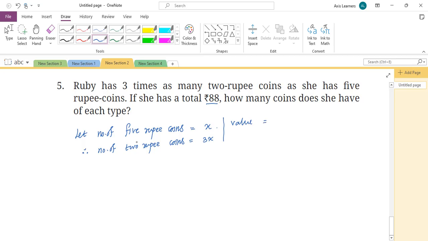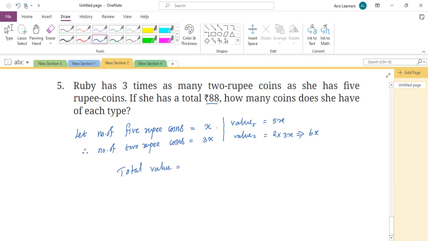Since it is a 5 rupee coin, the value is 5x, and for the other, the value is 2, because it is a 2 rupee coin. So 2 into 3x, that is 6x. Okay, so what is the total value? The total value is equal to 88, right?